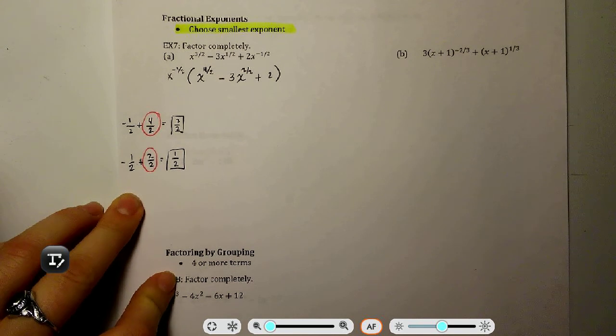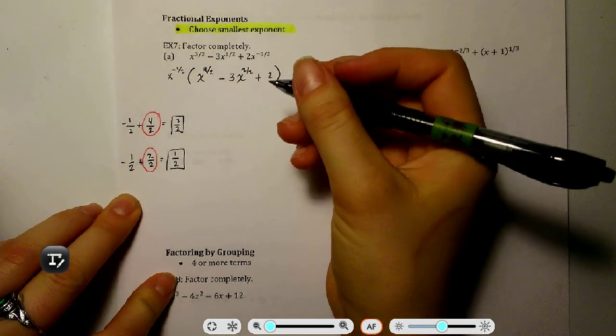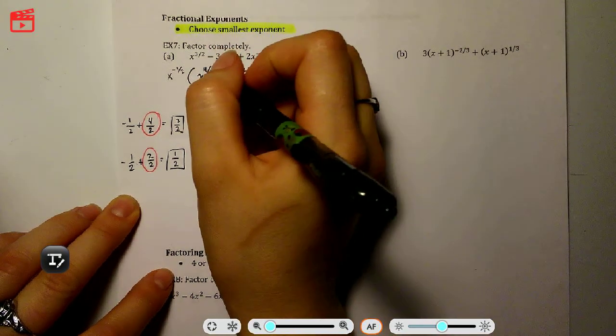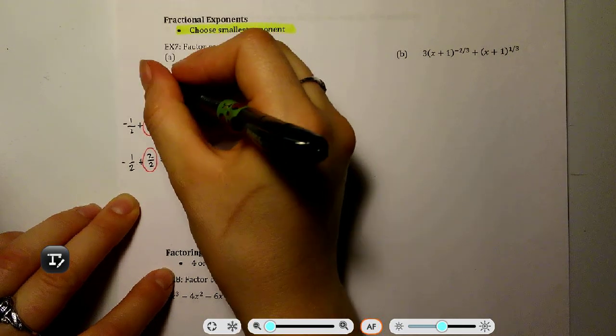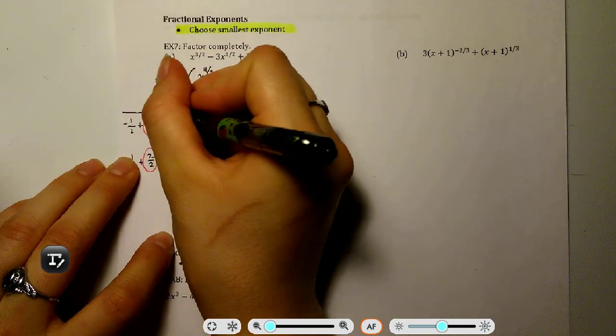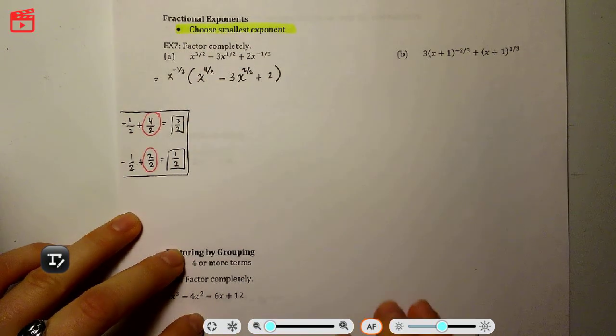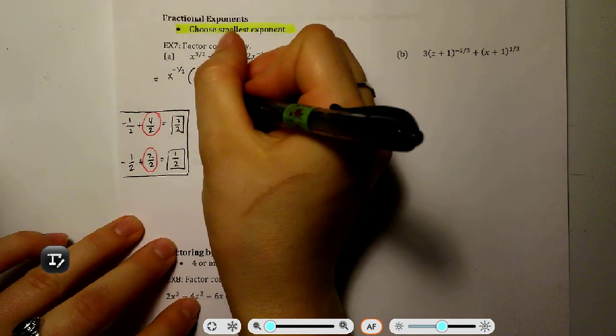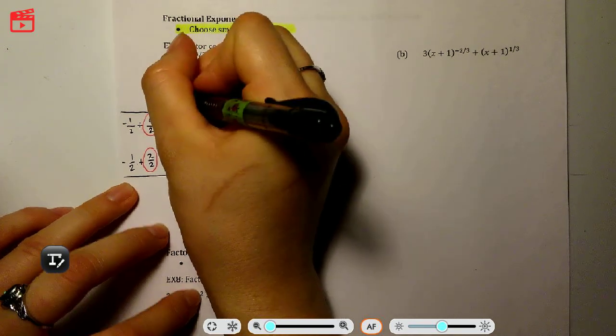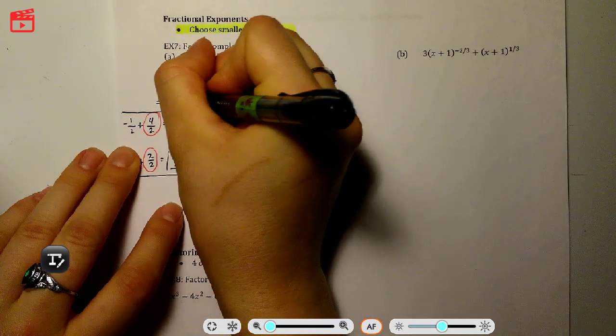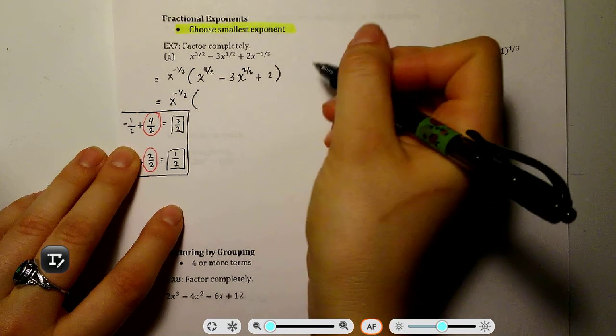All right, so let's go ahead and see if we can simplify this. Oh, I just made this really ugly. Should have done that on a sticky note next time. All right, so I'm going to rewrite our equal sign here. So we have x to the negative half, and let's simplify the inside first.